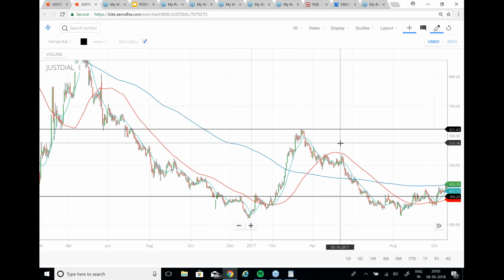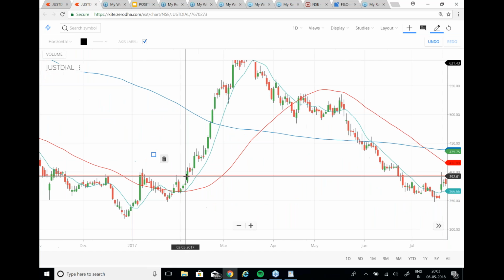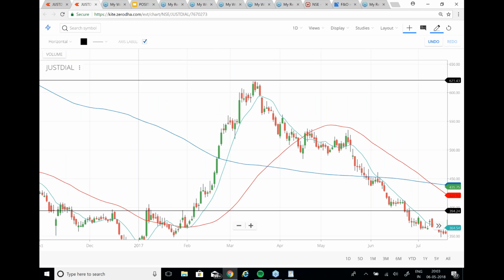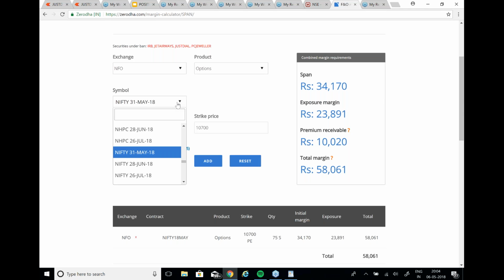Huge. And how many trading sessions? Would you like to know how many trading sessions? So 3rd of February it broke and it reached the peak on 17th of March, 1.5 months, and 120 points. Imagine 120 points. You want to know what's the size of Just Dial?